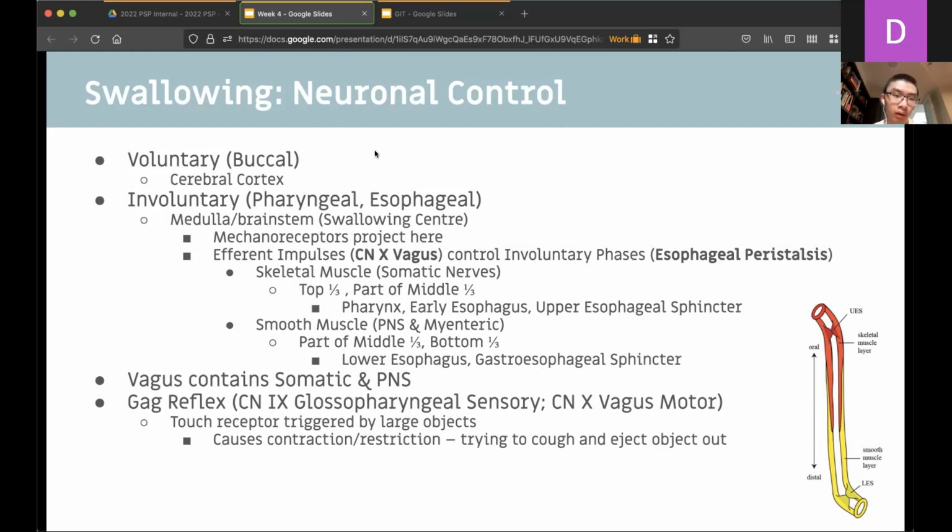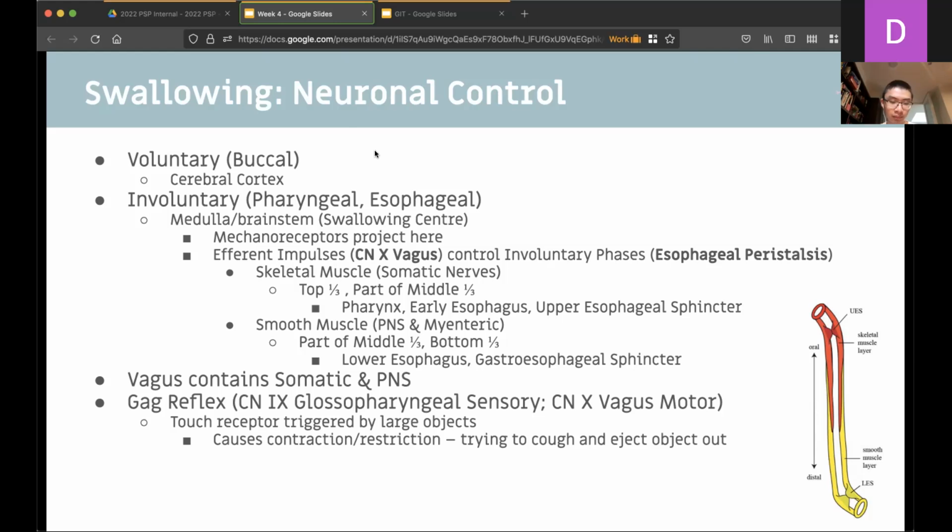Your vagus nerve, which mainly controls both pharyngeal and esophageal involuntary phases, contains somatic and parasympathetic fibers. It also plays a part in the gag reflex, because remember those touch mechanoreceptors I told you about?